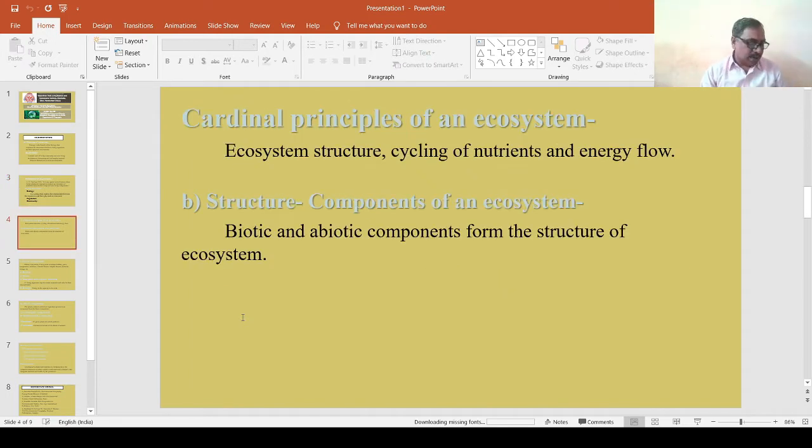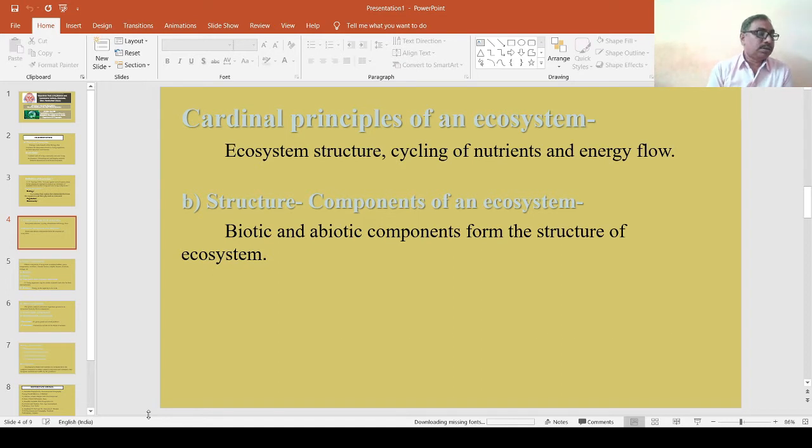Then, cardinal principles of an ecosystem. In an ecosystem, there are basically three cardinal principles. They are ecosystem structure, cycling of nutrients, and energy flow. Structure and components of an ecosystem: biotic and abiotic components form the structure of the ecosystem.